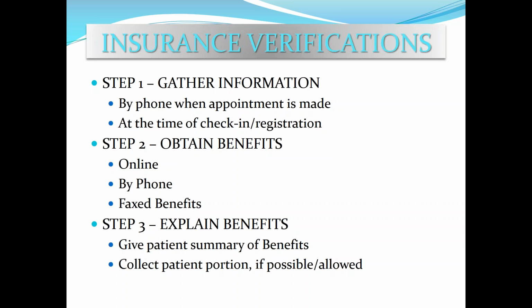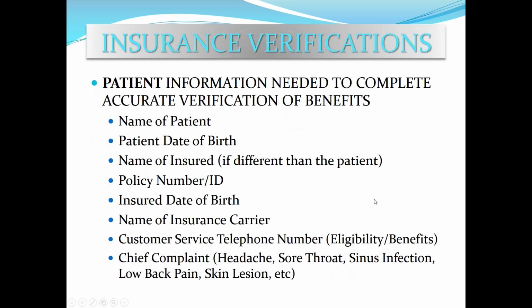The second step is going to be to obtain the benefits, and then the third step is going to be to explain the benefits. So you gather up the information, you obtain the benefits, and then you explain the benefits. And so let's talk about each of these steps in greater detail.